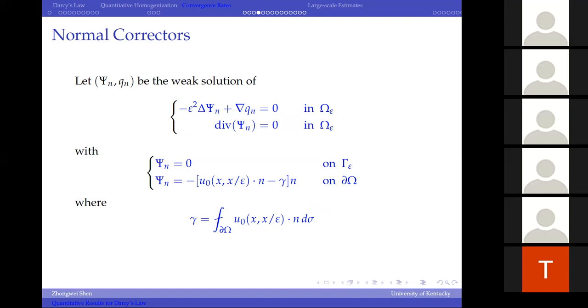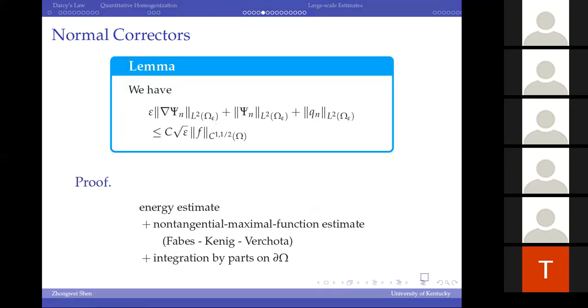Okay, so that's the definition of the normal corrector, and here is the estimate we need. It's the same type of estimate as for the tangential corrector. All these norms are bounded by square root of epsilon times the C3½ norm of omega.